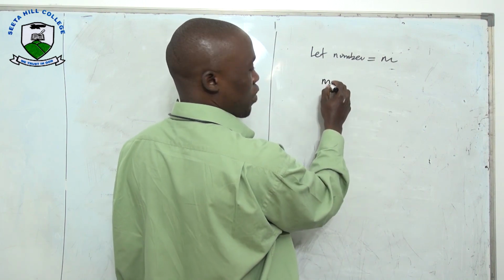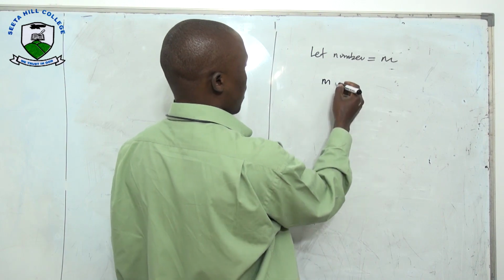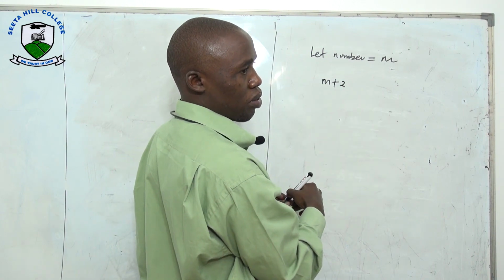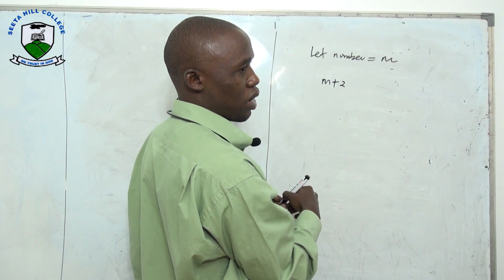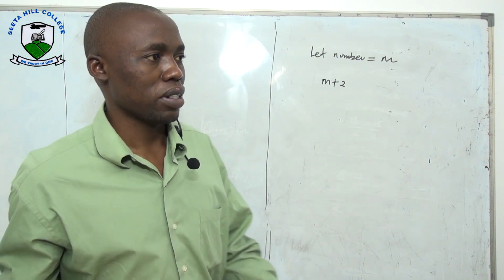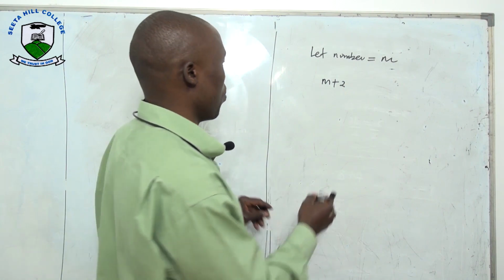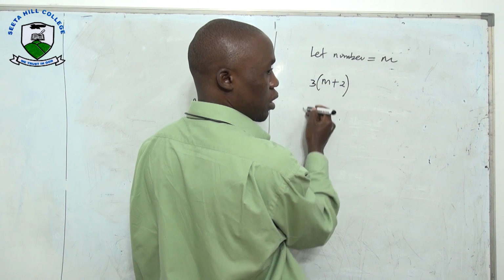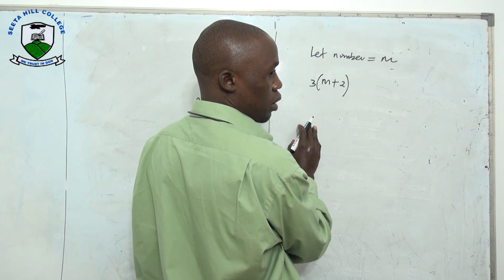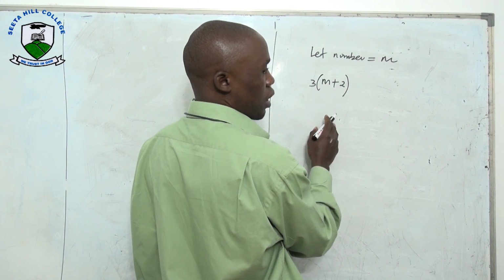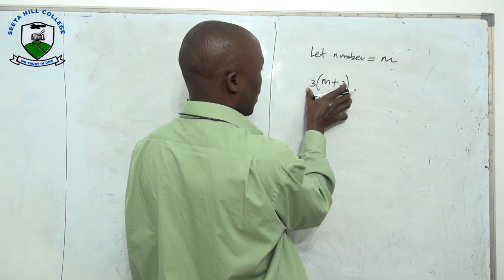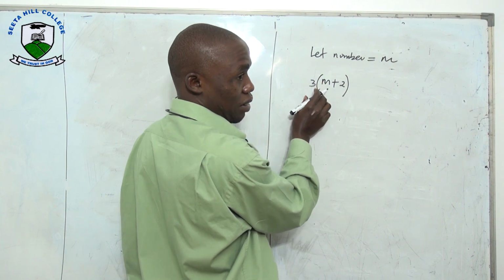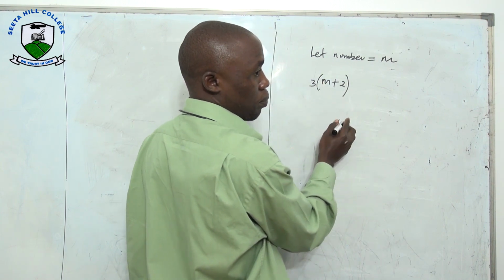Adds 2, times 3. How will I multiply by 3? So apply brackets and put the 3 outside. After adding M plus 2, then multiply the result by 3.